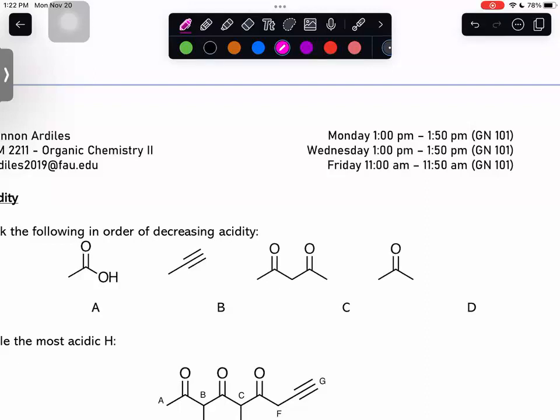Yes, that's one of them. Is C the acid anhydride? It looks similar to it, but what am I missing? Oh, the O in the middle. The oxygen in the middle. So not quite the same.